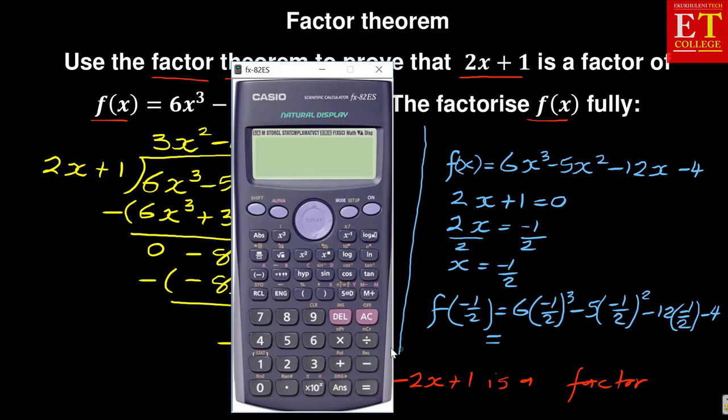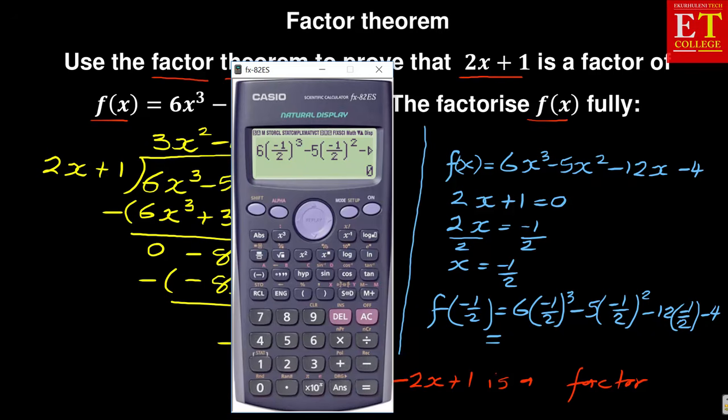I'm going to have my 6 into a fraction, minus 1 over 2, close that, cubed, minus 5, again a fraction, minus 1 over 2, this time squared, and then minus 12, again a fraction, minus 1 over 2, minus 4.